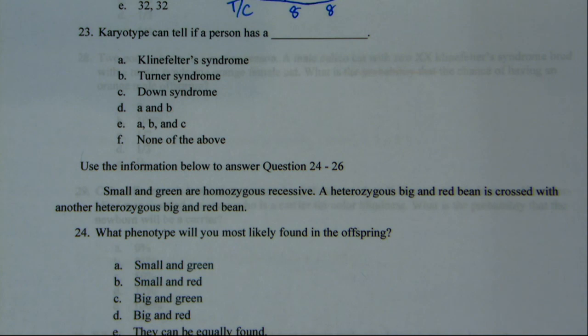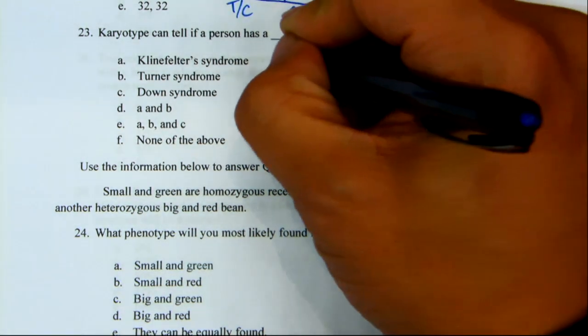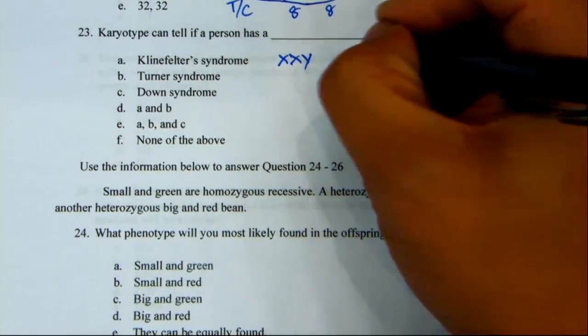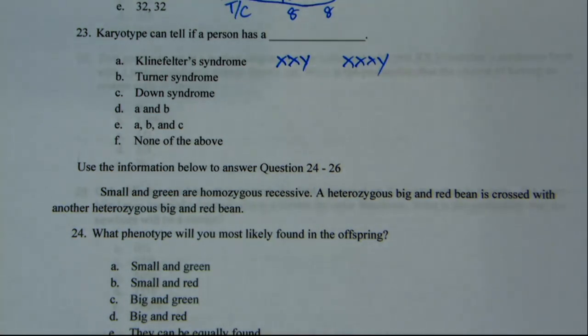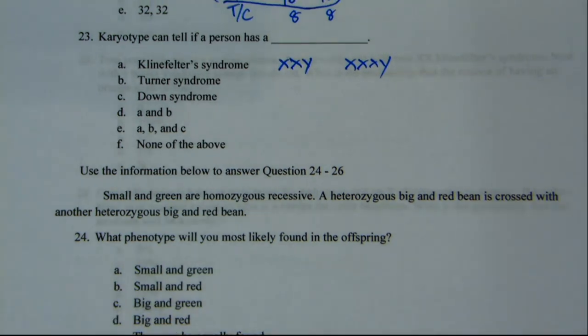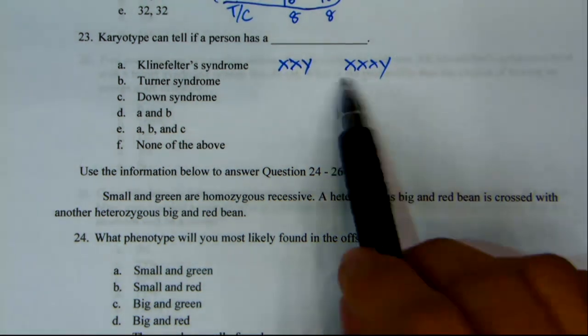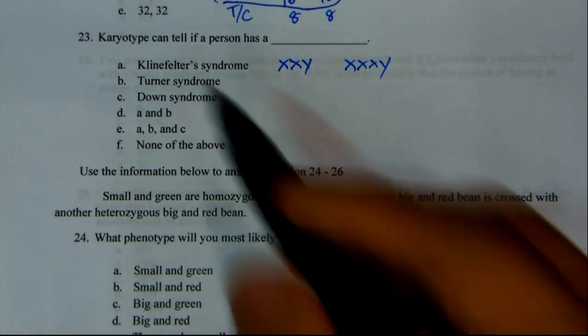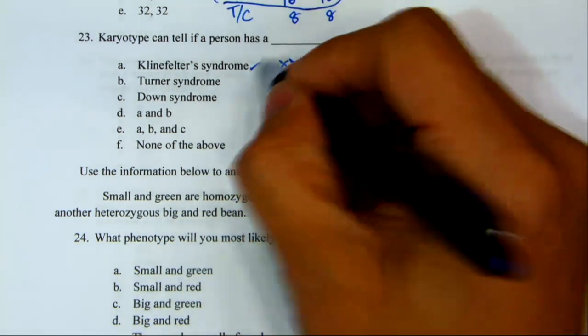It's a male that is born with more than one X. So you can have XXY or even more, you can have XXXY. That's Klinefelter. Since it shows all the chromosomes in that picture, if it appears that you have more than one X and one Y, then you can tell if the person has Klinefelter.